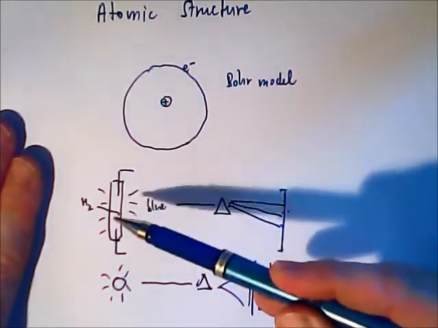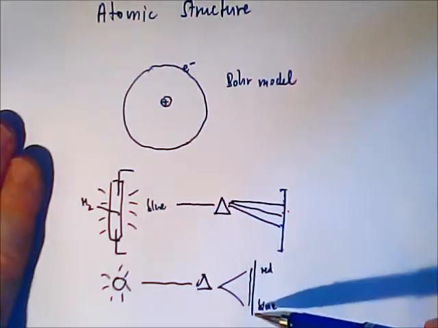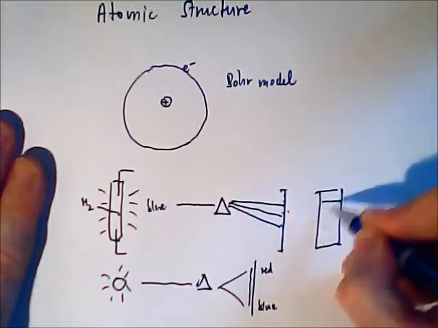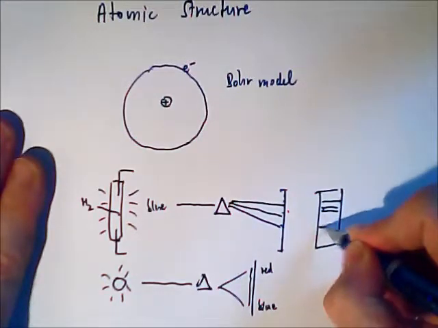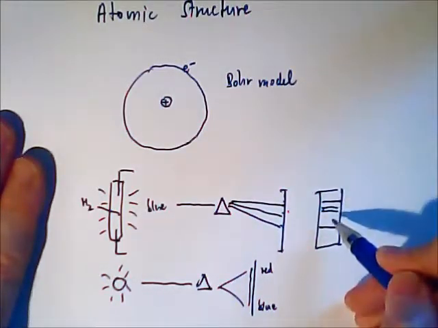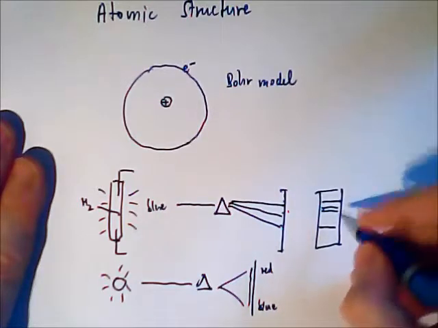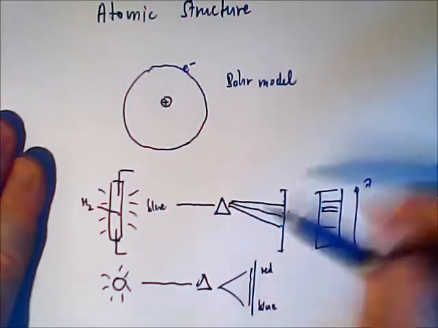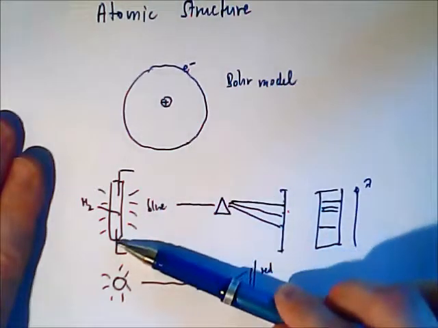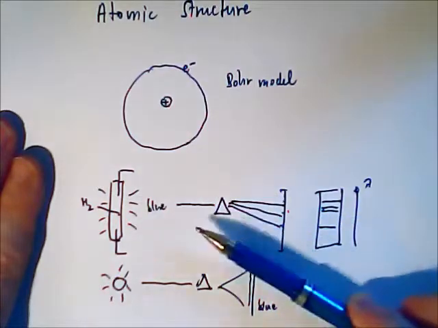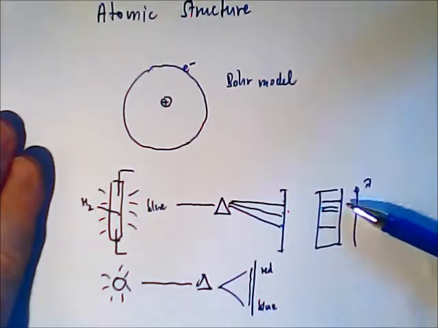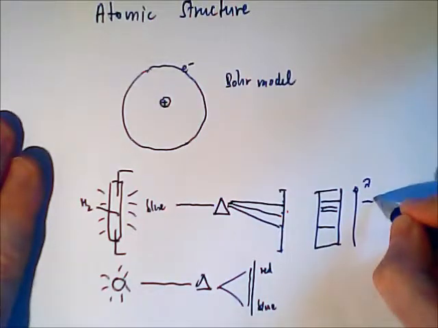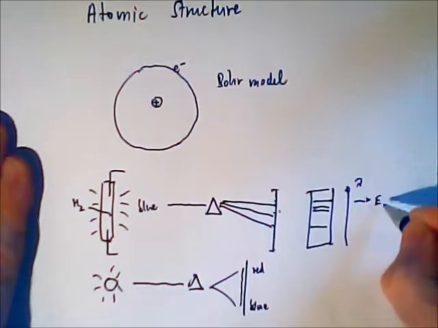But the light from this gas is not continuous. It has certain lines in the spectrum, and the rest is dark. So that means, and we have here wavelength lambda, that means that the hydrogen gas only emits light with certain energies, because every wavelength here corresponds to an energy.